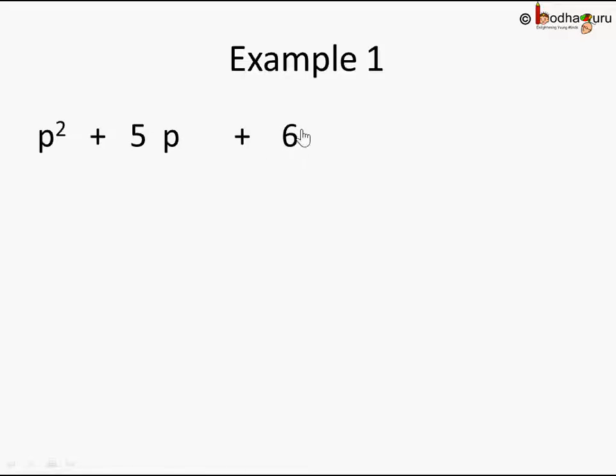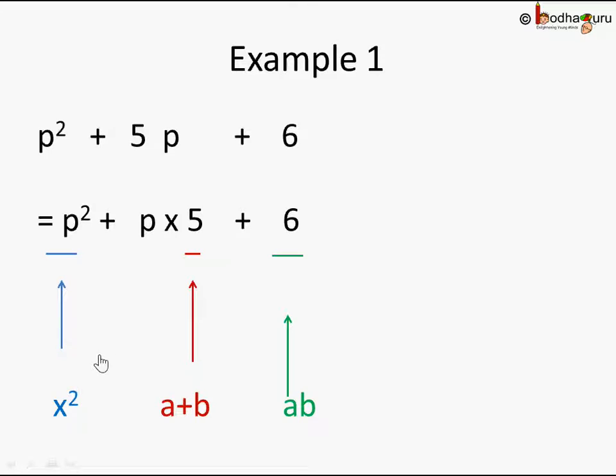But 6, is it a perfect square of any number? No. So here, these are the places where we can use identity 4. So we write p² as p², 5p as p into 5, and 6 as 6, right? And if you look at identity 4, it says x² + x. So here p is same as x. So p² + p into 5.